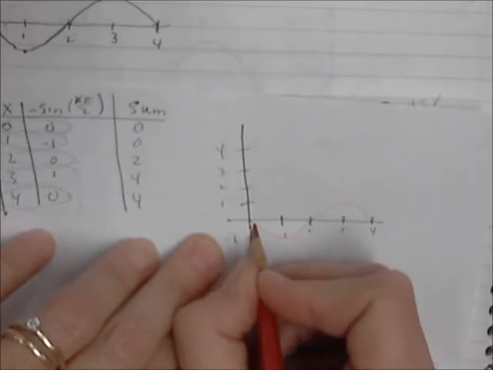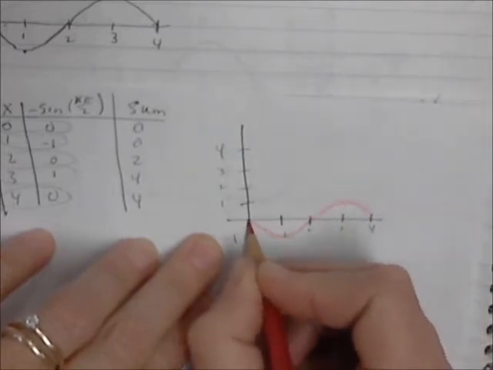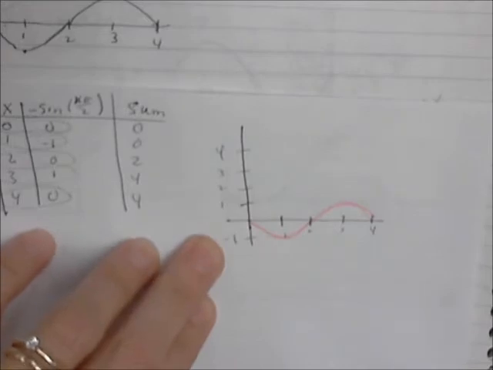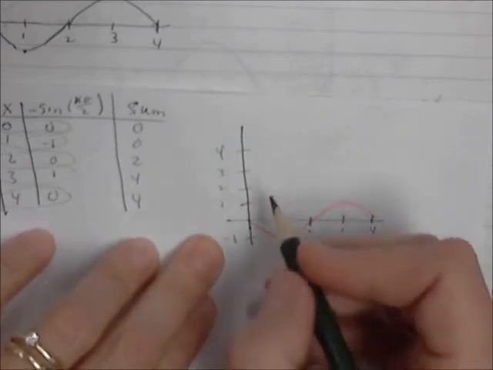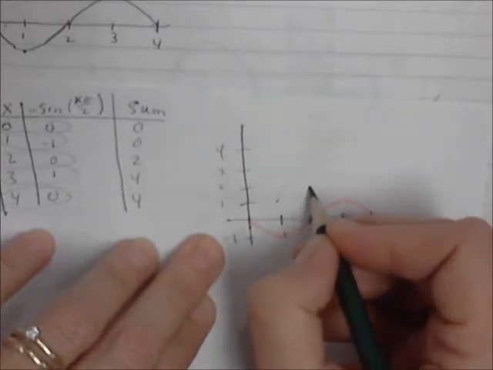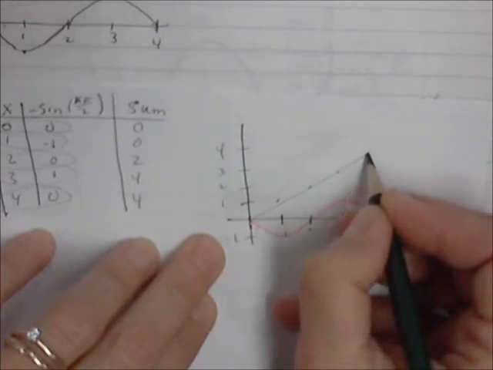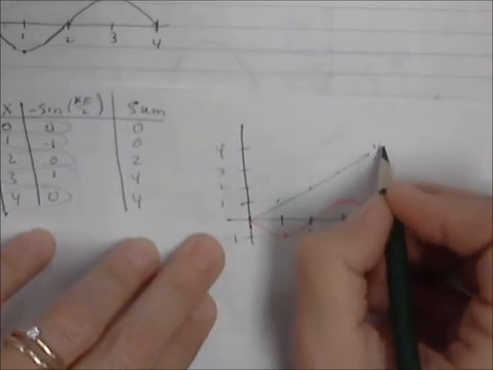So hopefully you can see that, or you can take a colored pencil, maybe a red pencil, and graph that sine function. The other function is y equals x. I'm going to do that in green, so 1, 1, 2, 2, 3, 3, and 4, 4. So this is y equals x.